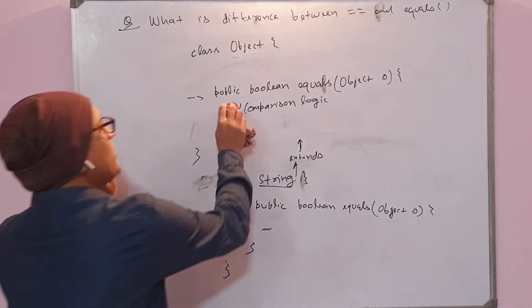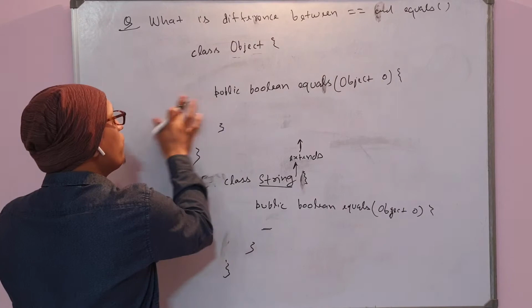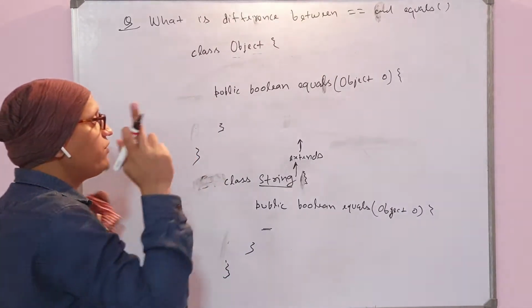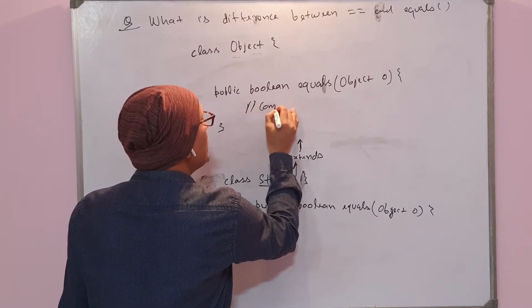Why? Because the default equals method in Object class compares on the basis of double equal.